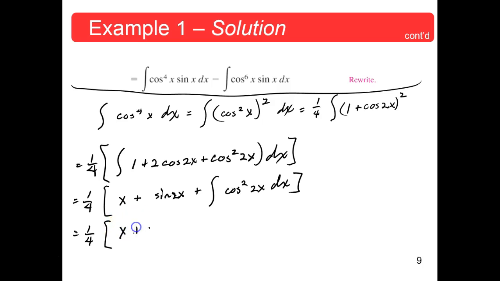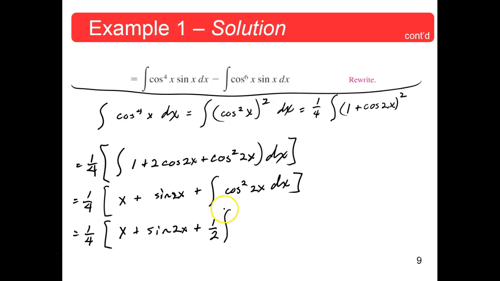Okay, x plus sine 2x. Now, what will this one be? Okay, going to have a 1/2. This time it is a 1/2 because you're not squaring it.